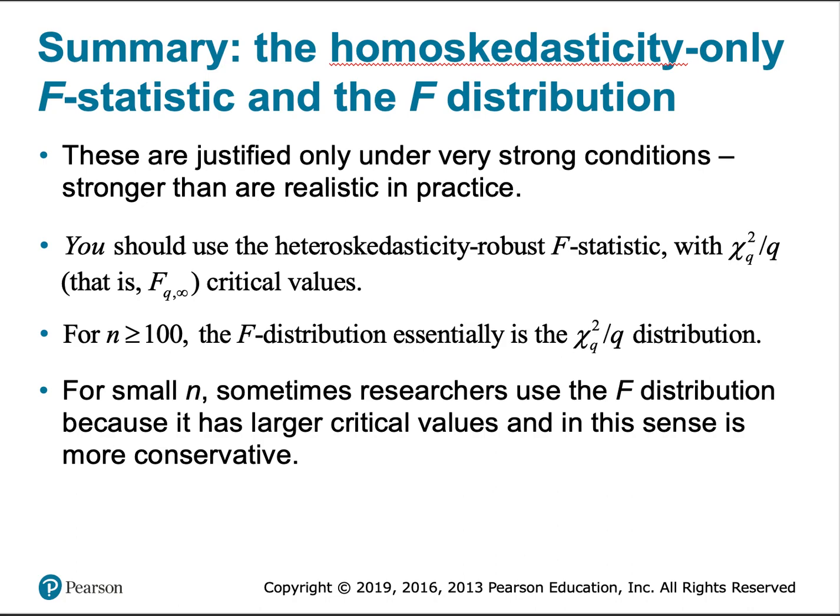Now, for small sample sizes, some researchers will use the F distribution with q, n minus k minus 1 degrees of freedom because it has larger critical values, and in this sense it is more conservative. You're setting a further benchmark, making it a little bit harder to reject the null hypothesis. And if you can prove that, setting a further benchmark, you still reject the null hypothesis, then even in those conservative conditions you have proven your result to be robust.